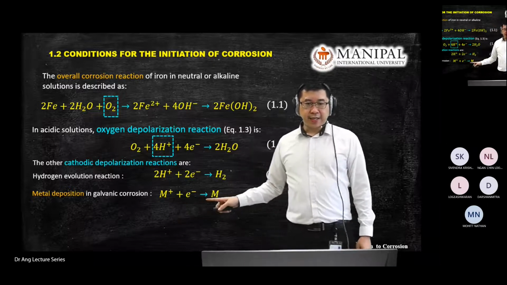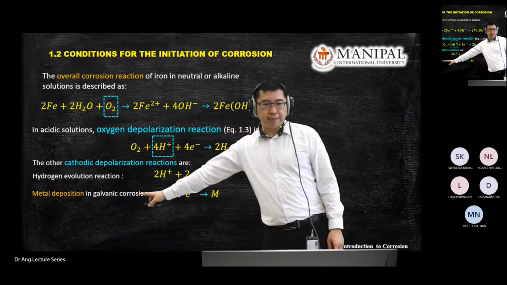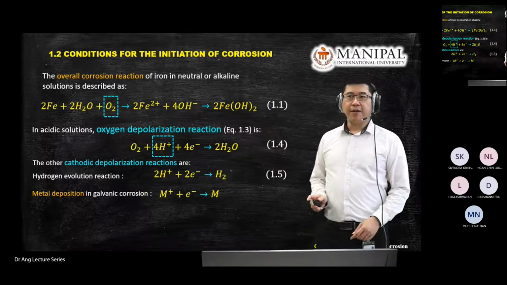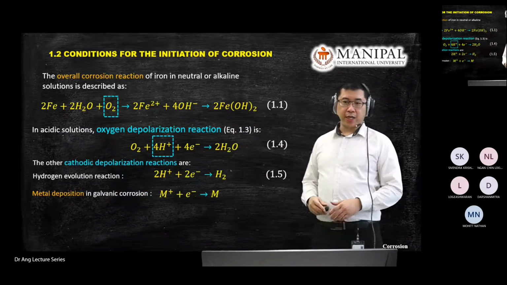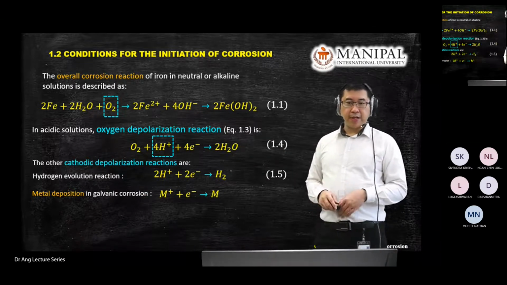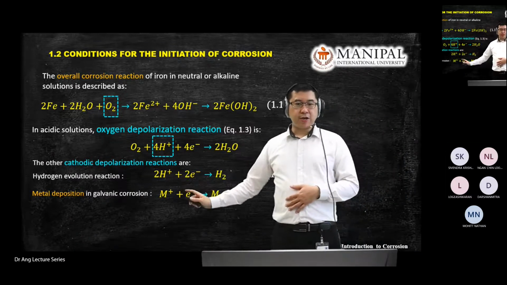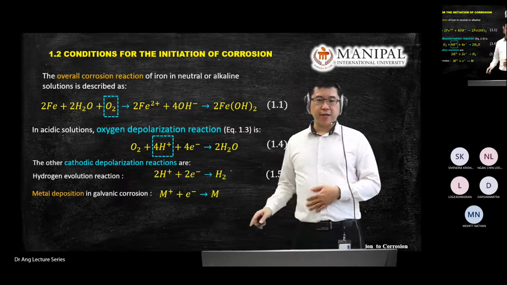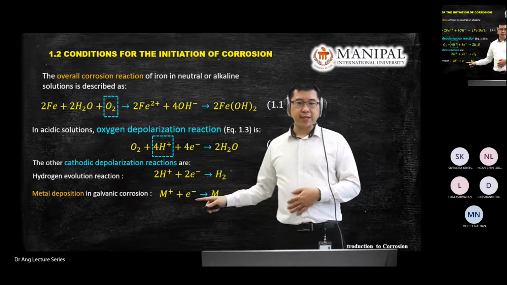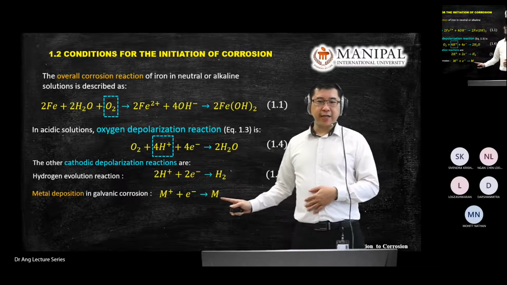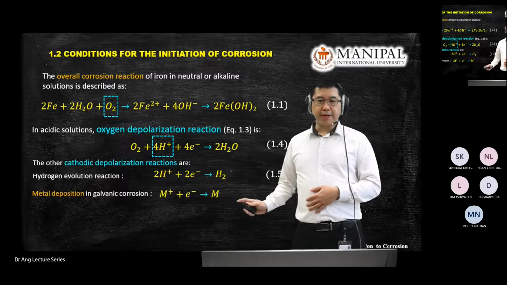So in this case, if you talk about metal deposition, I highlight the keyword just to remind you, during a test, exam or even an assignment that asks you to explain something. If you see the words metal deposition, usually you start with the metal ion plus electrons, and you will get the end product, the element.